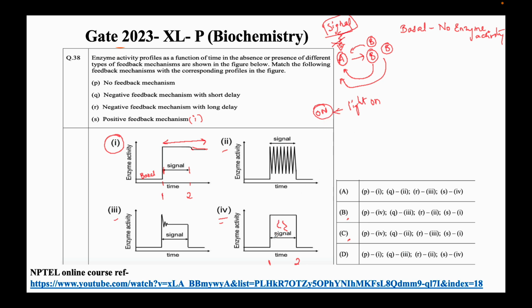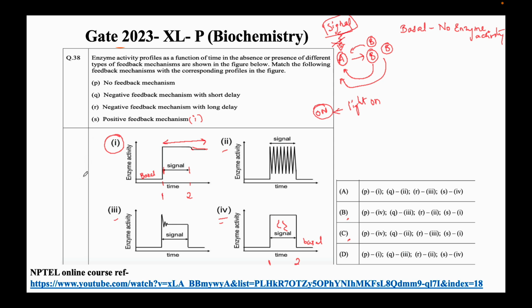This is what we are seeing here. We are giving signal from 1 to 2 hours, and as soon as we remove the signal, the activity is again at the basal level. So there is no kind of feedback, activation or inhibition seen here.